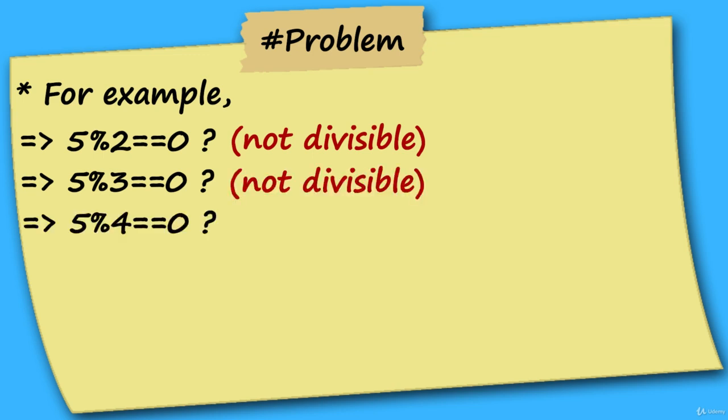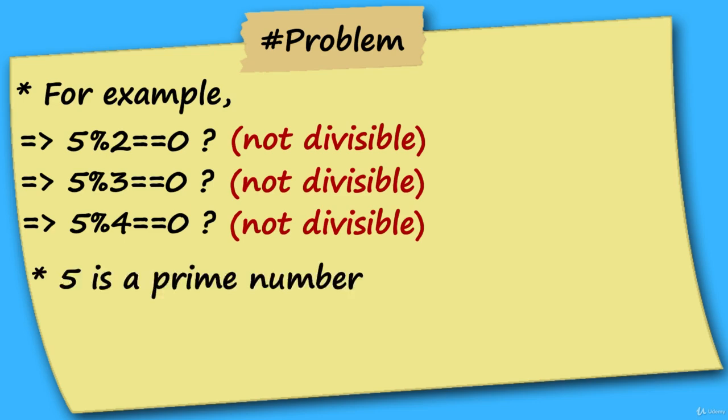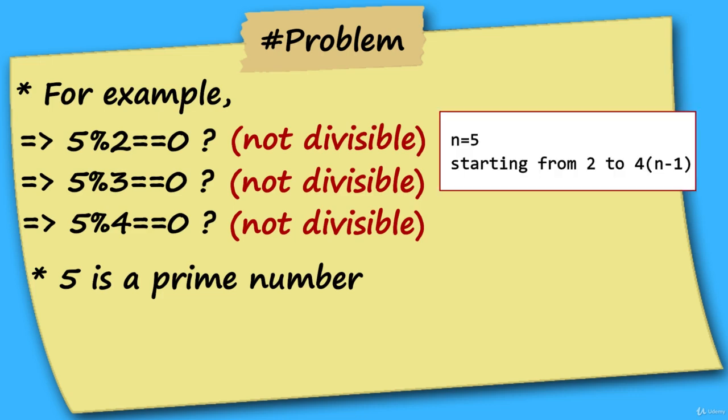Is 5 divisible by 4? No? Then only it is a prime number. It means starting from 2 to n minus 1. In this case, the number is 5, so we are going to check till 4. So starting from 2 to n minus 1, if no number can divide, then only it is a prime number.